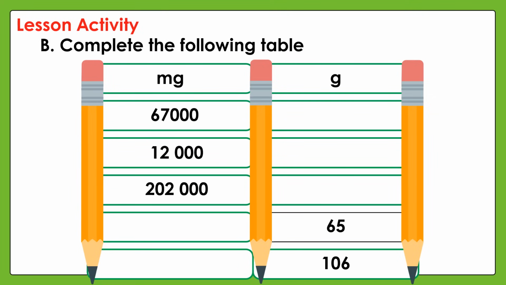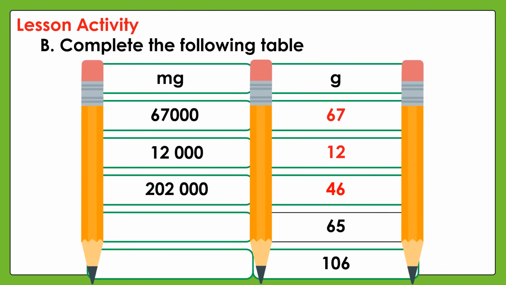Lesson activity letter B, milligrams to grams and vice versa. Number 1, 67,000 milligrams is equal to 67 grams. Number 2, 12,000 milligrams is equal to 12 grams. Number 3, 202,000 milligrams is equal to 46 grams.